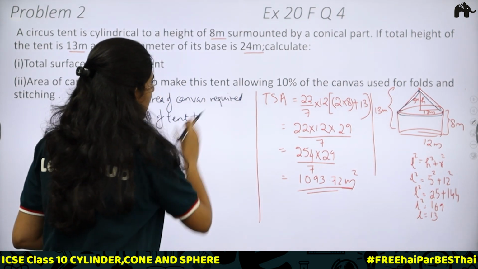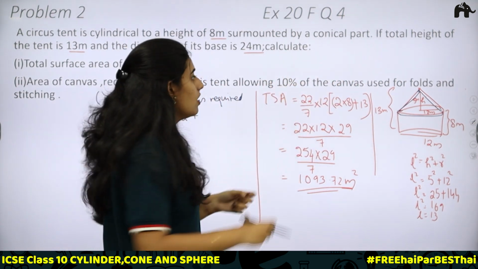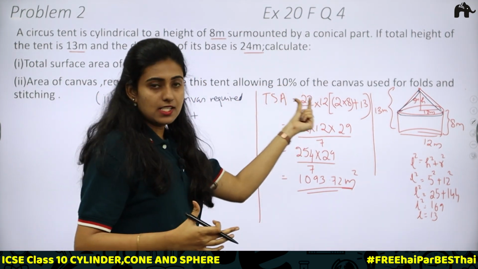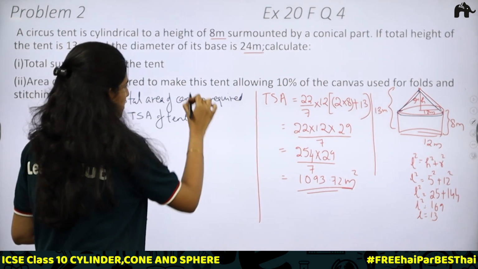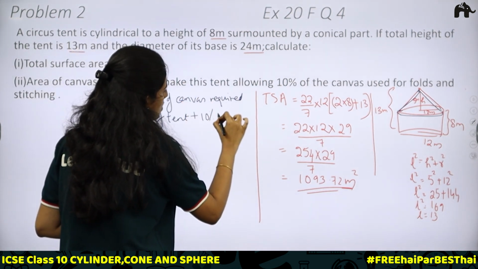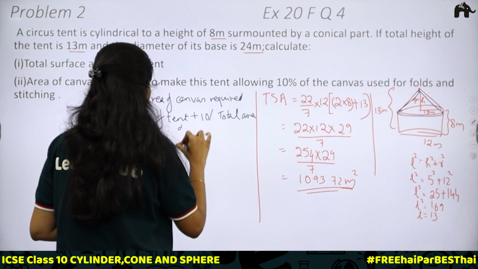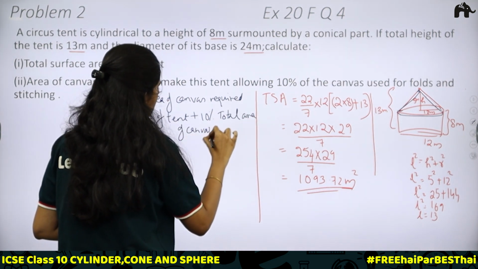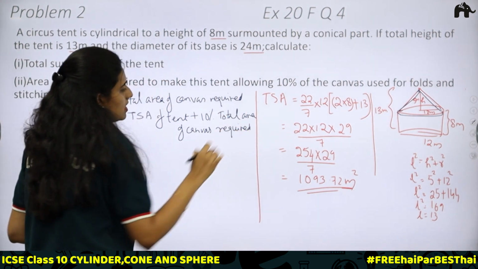Given that the canvas used for folds and stitching is 10% of the total area of canvas required, plus 10% of total area of canvas required. We need to find the total area of canvas required.